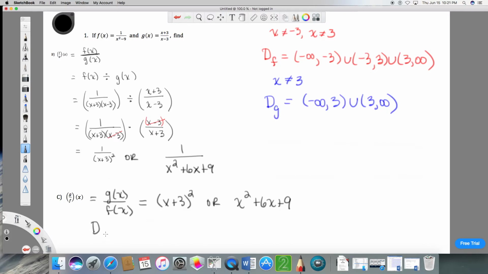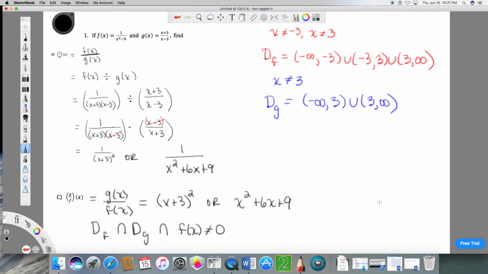We want to intersect the domain of f and the domain of g, and we want to make sure that the denominator is not 0, that you can't have division by 0 in f of x. So is there any value of x that will cause f to equal 0? Well, no, because if we look at f, that numerator is constantly 1.